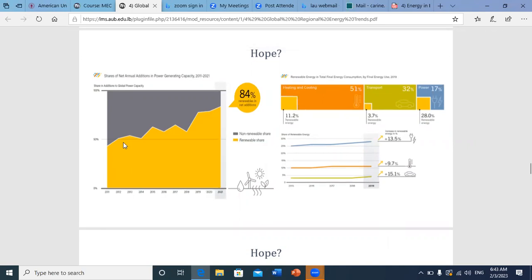Now, if we look here at the share of net annual additions in power generating capacity using renewable energy resources, we can observe that we have an increase in the renewable share compared to a decrease in the non-renewable share. And this behavior is good, and we hope that it will continue at a faster rate until we are able to rely on renewable energy with a much larger percentage.